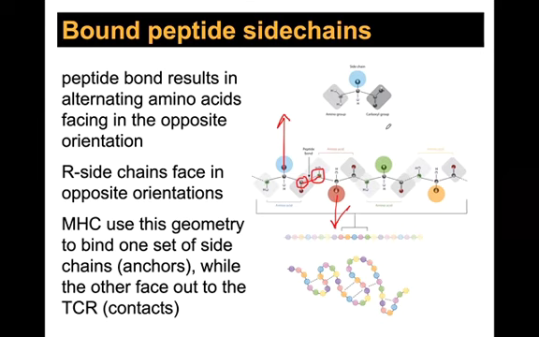If it's pointing up out of the MHC, it's a TCR contact residue. And so the MHC will use this geometry to bind one side of this peptide sequence through what we call anchor side chains, and then force those other side chains to stick out of the MHC to be recognized by the T cell receptor. And so in any peptide on an MHC, you have anchor residues and you have TCR contact residues.